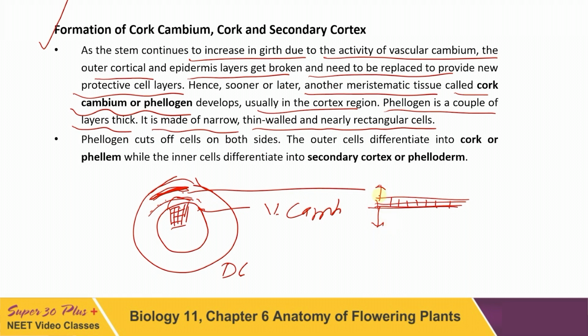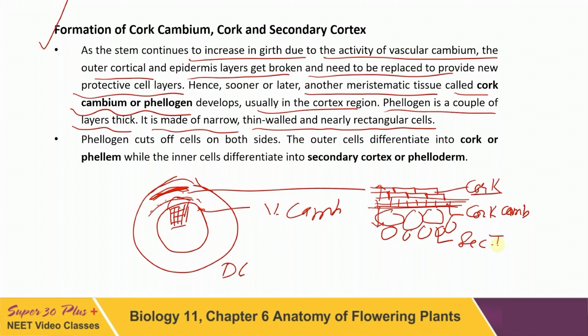The outer side cells become like this, and these cells are suberized, and that will make the cork, also known as phellem. This is cork cambium. This is cork, and inside, parenchymatous cells will be added, which is known as secondary cortex or phelloderm.